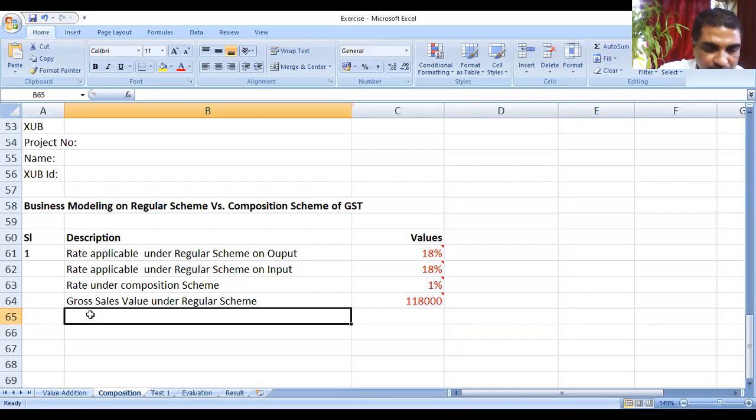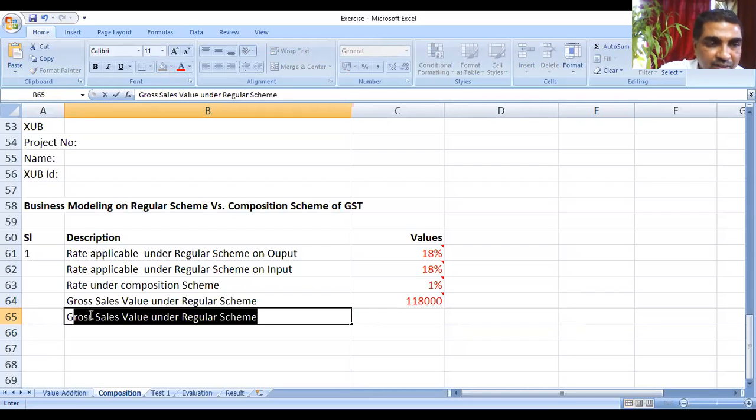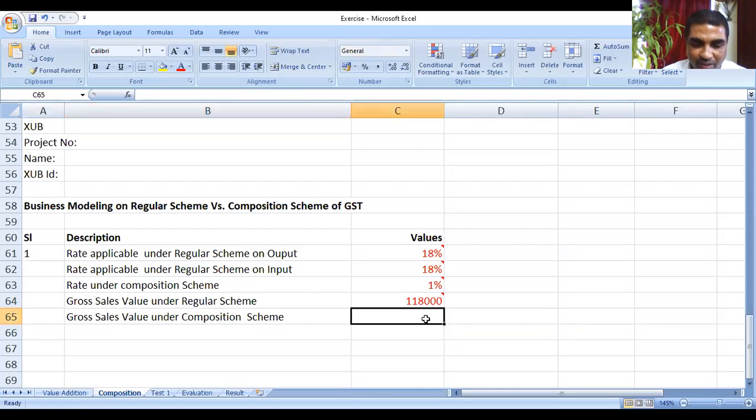Then I will take this thing: gross sale value at regular scheme we have taken, now we will take under composition scheme. Okay, it may be the same, may be different also. Okay, maybe someone sells it at a different price.